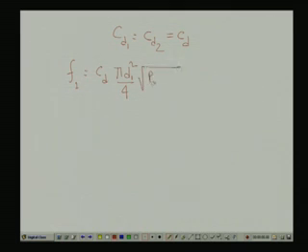Let us take a blank page. We assume that CD1 equals CD2, and F1 from the supply side equals CD pi d1 square by 4 root over PS minus PO, because PS will obviously be more than PO.